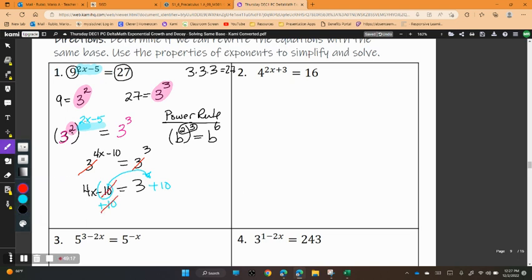That cancels out these two 10s. I'm left with 4x equals 3 plus 10, which is 13. Then I want to get rid of this 4, which I can do by dividing both sides by 4. That will cancel out these 4s, and I'll be left with x equals 13 over 4.